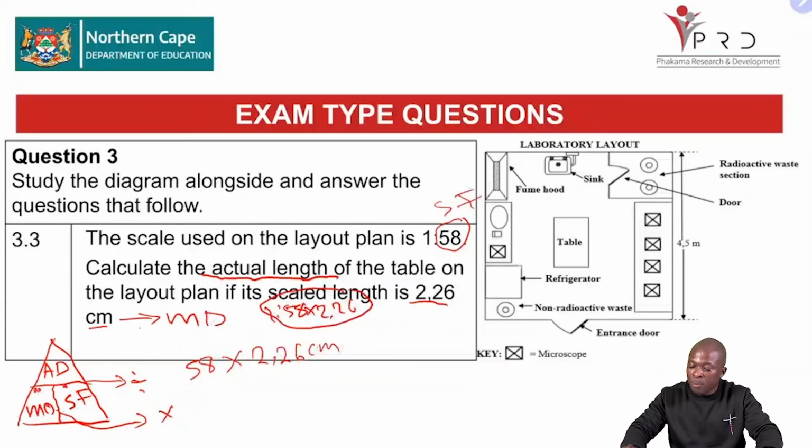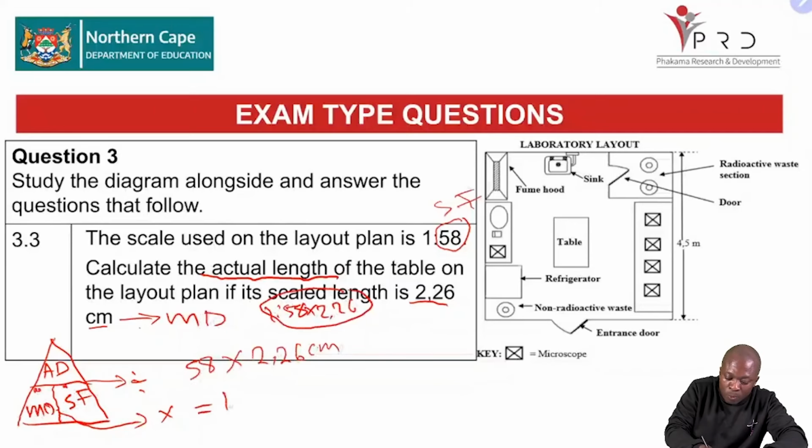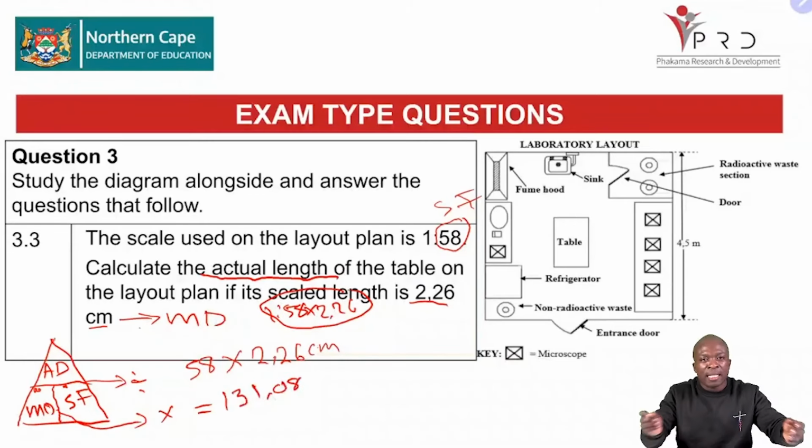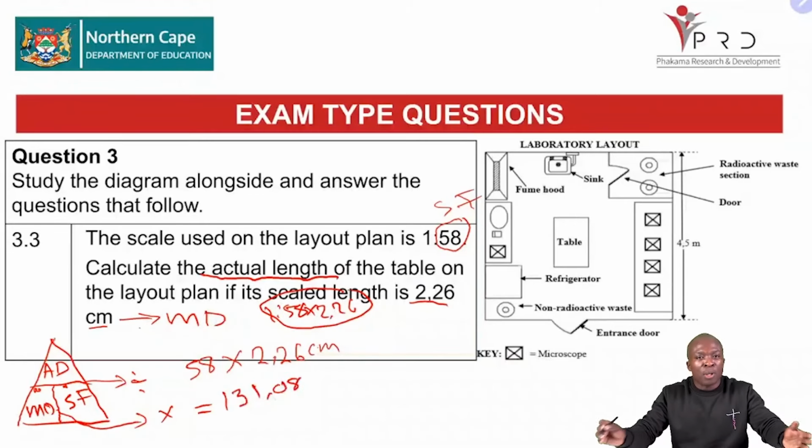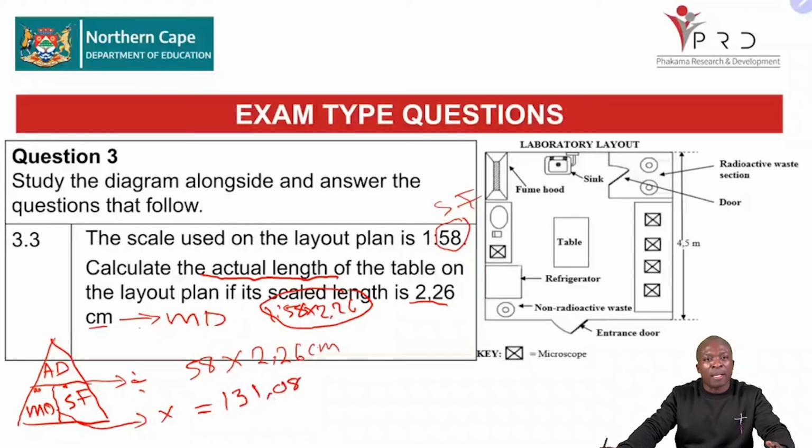So what did you get? Take your calculator, press 58, multiply by 2.26. Again, you don't press the centimeters. It's not part of what you should press. So you're going to get 131.08. Then you write it down. If the examiner says round it to a whole number, then you are going to get 131.